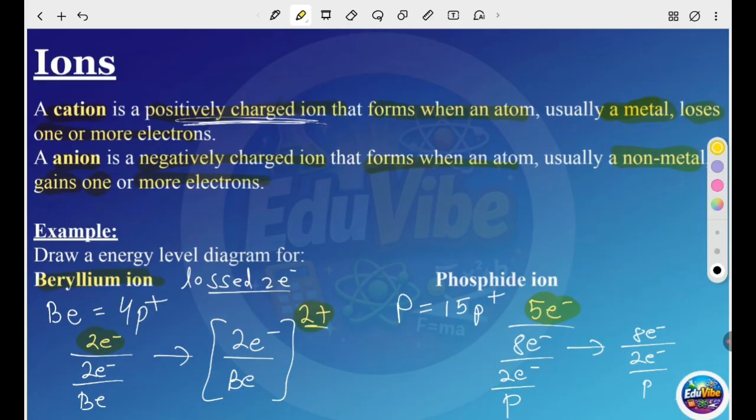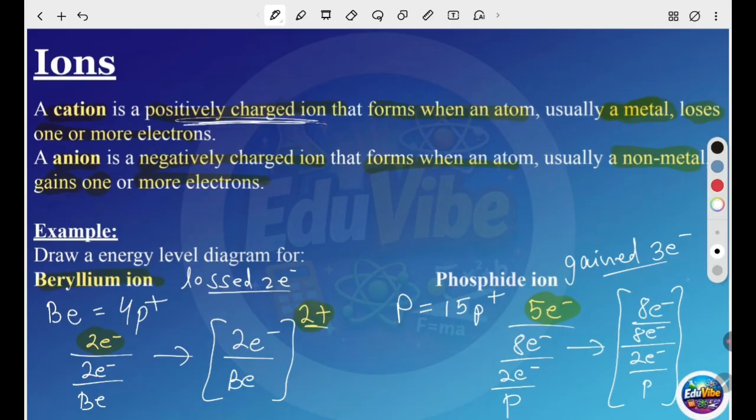In that case, we have to gain 3 electrons, because it's the minimum value. If we want to lose the 5 electrons, we need more energy, which is not possible. So we gain 3 more electrons to get 8 electrons in the outermost shell, which is a stable shell.